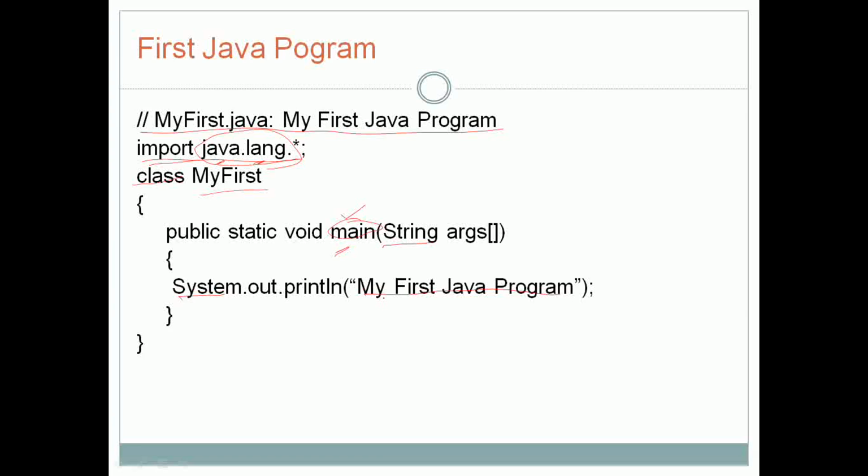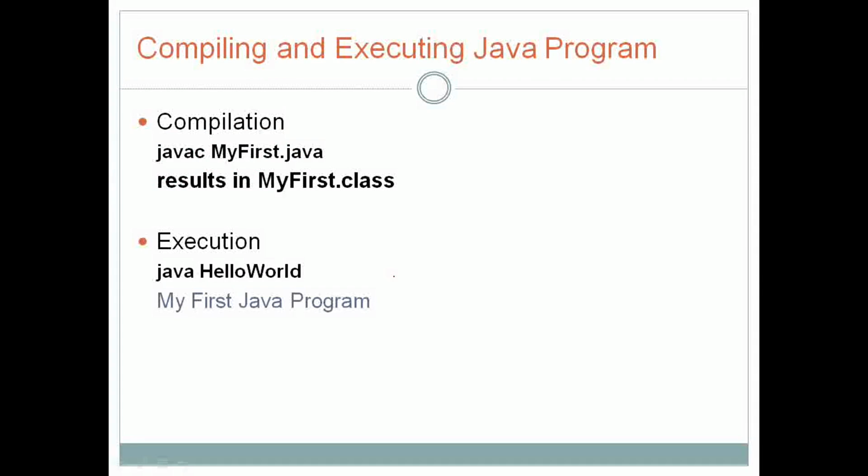Now let us see how to compile and execute the Java program. Compilation of a Java program is done by using the command called javac, followed by the name of the Java program. Whenever we compile the Java program, the Java compiler generates bytecode, and that is nothing but a .class file.